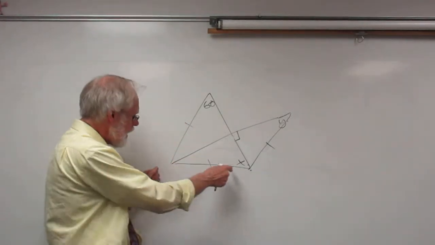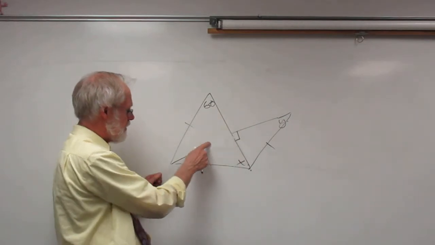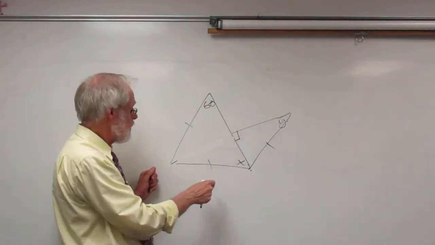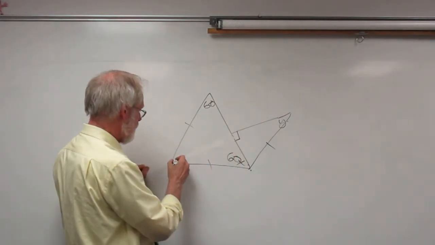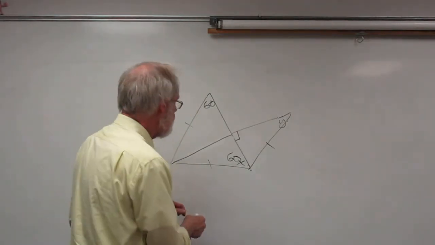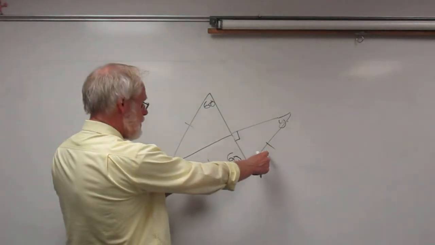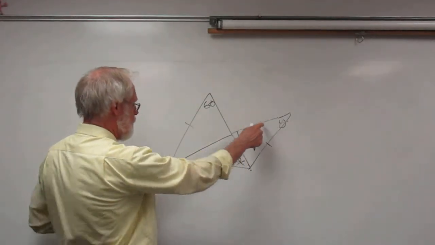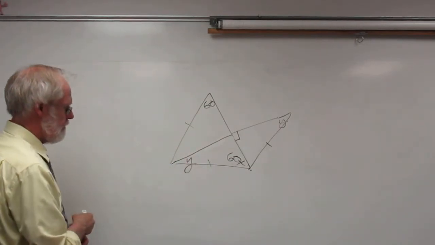Well, if these two sides are congruent, then these two angles, forget about this for a moment, the base angles theorem says these two angles must be congruent. So now we know x is 60. What else do we know? We know that these two sides are congruent, therefore these two angles are congruent, so that must be y.